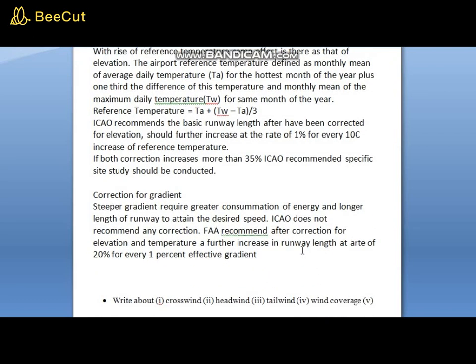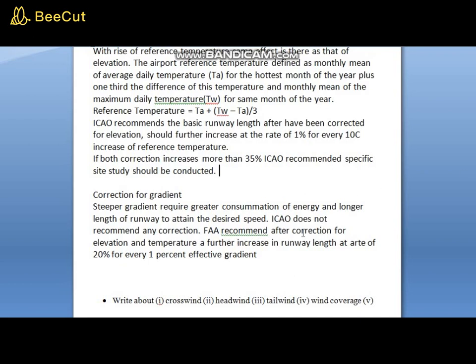Next is correction for gradient. Steeper gradients require greater consumption of energy and a longer length of runway to attain the desired speed. For this correction for gradient, ICAO does not recommend anything.